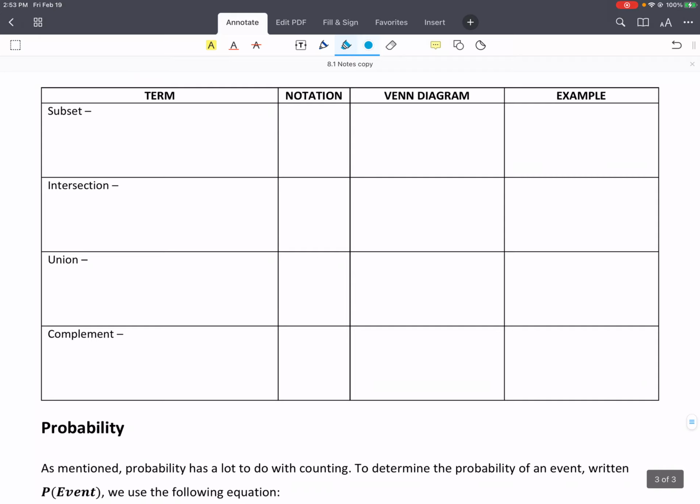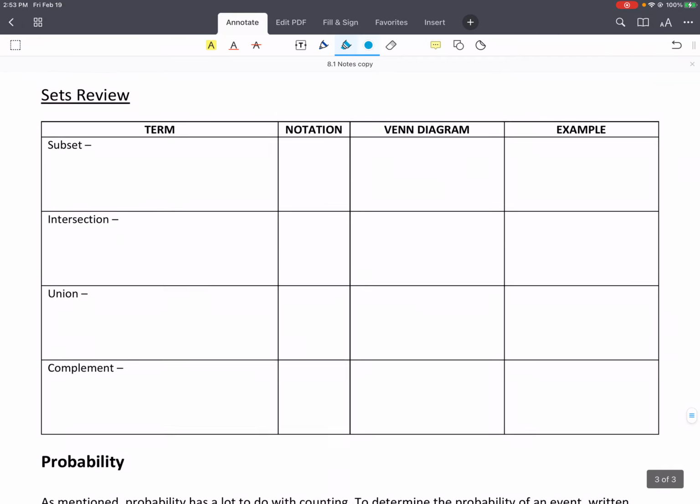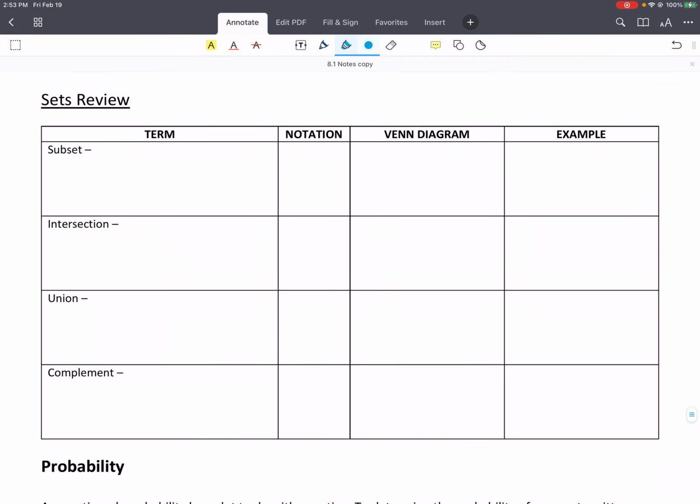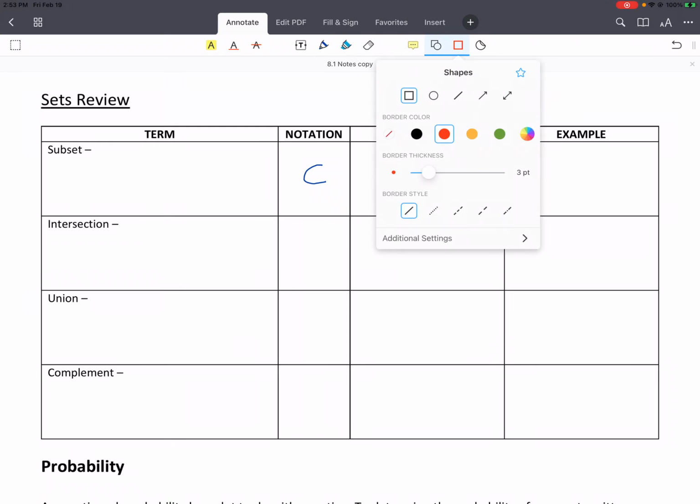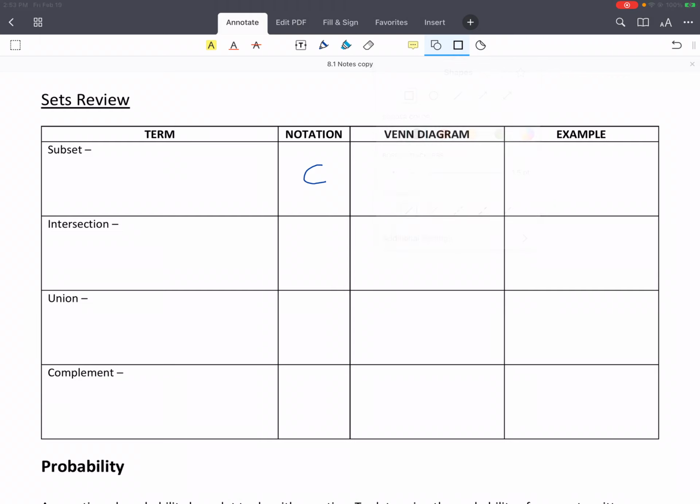So here's a little bit of a review. A subset, remember, we write with the horizontal or the sideways U. And the way that would look, let me make this a little easier.